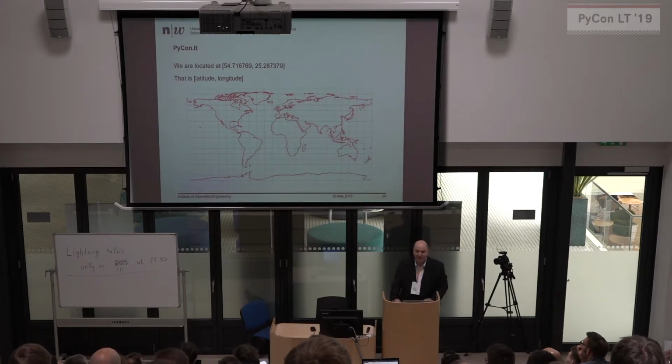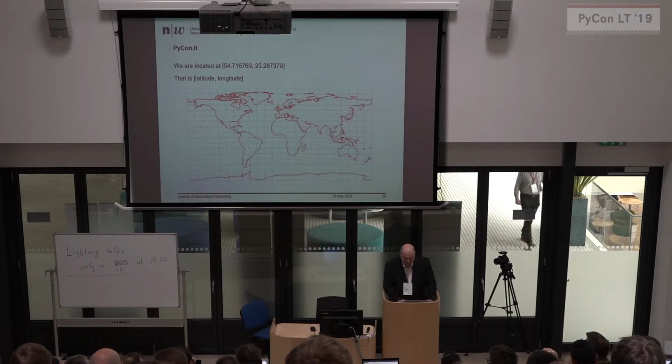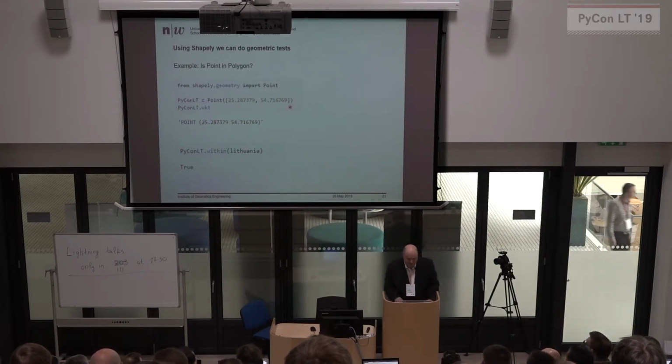But you see what I did? I took the y coordinate first and then the x coordinate. That's a big problem. Some people say it's first latitude, then longitude. Other people say it's first longitude, then latitude. And we even have problems in some Python modules like Shapely, for example. In Shapely you should use the x, y order and not the other way around.